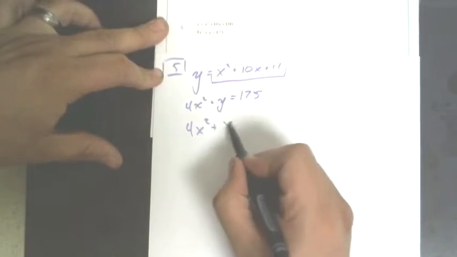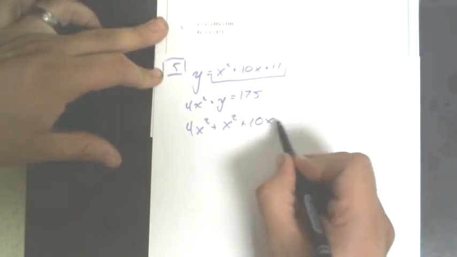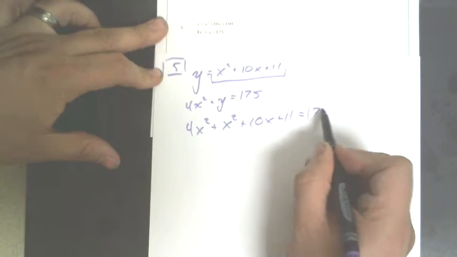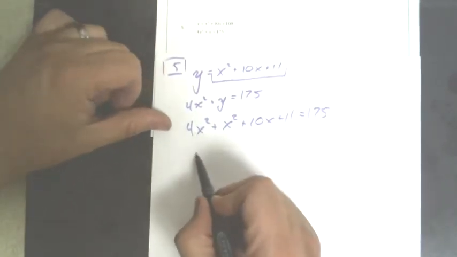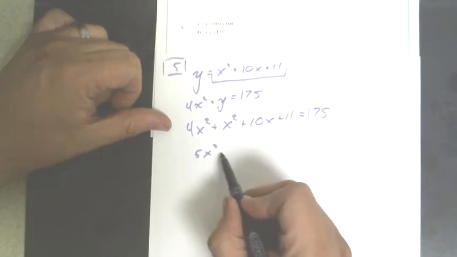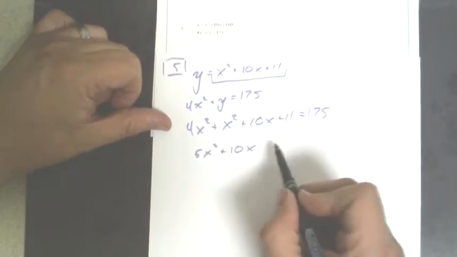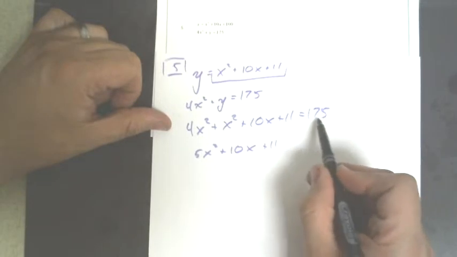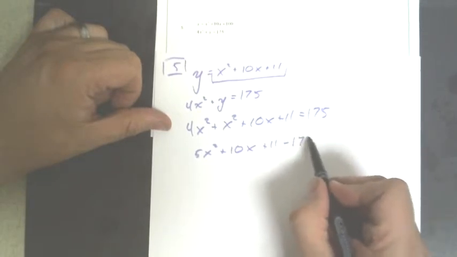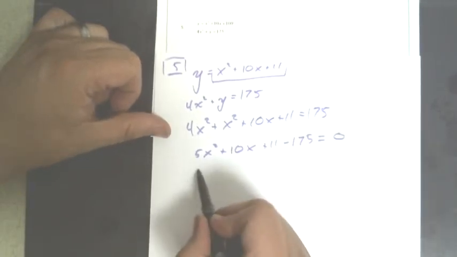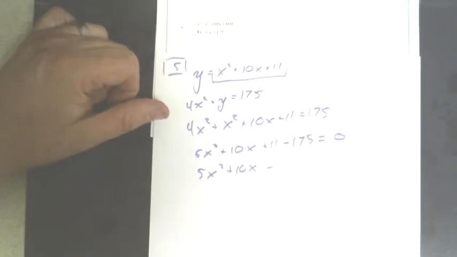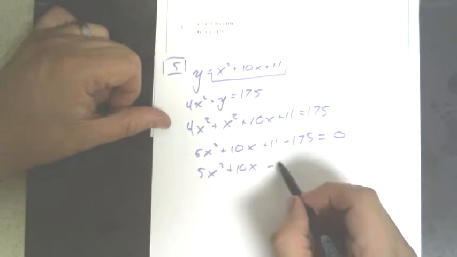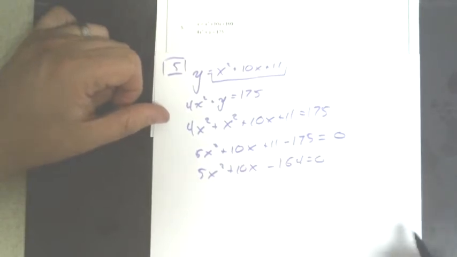4x squared plus x squared plus 10x plus 11 equals 175. It's a quadratic in terms of x. You guys know how to solve quadratics in terms of x. 5x squared plus 10x plus 11, so subtract the 175, equals 0. 5x squared plus 10x minus, excuse me, 164 equals 0.